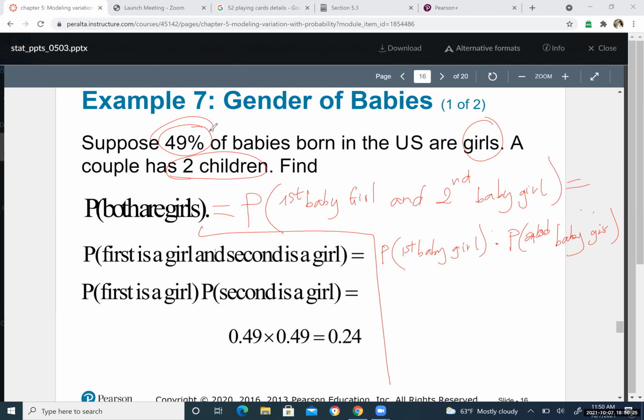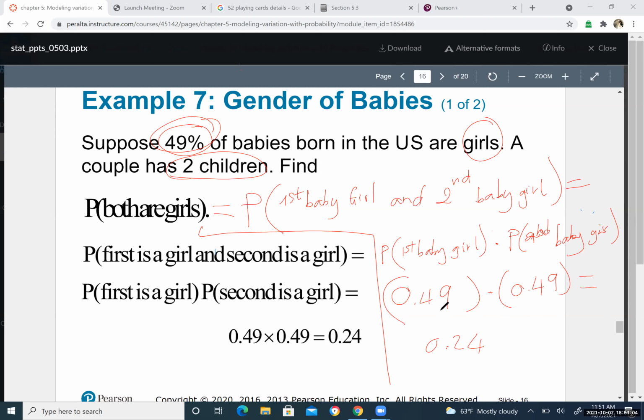Each baby girl has a 49% chance, so you convert this into decimal in order to multiply. 0.49 times 0.49. You compute this, you get the value 0.24. In other words, there is a 24% chance that a couple in the US has two children, both girls. That's how you compute that.